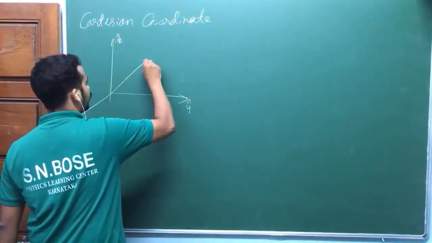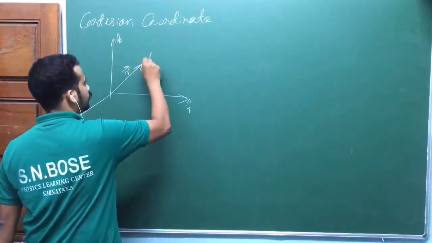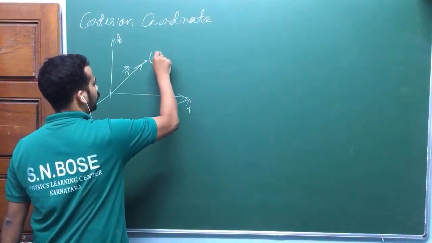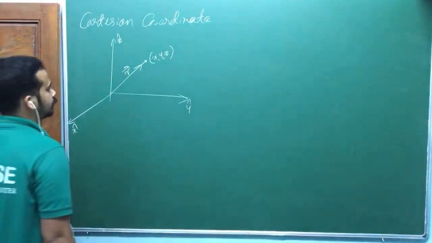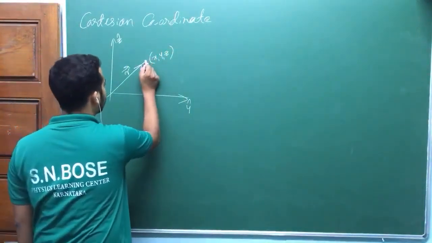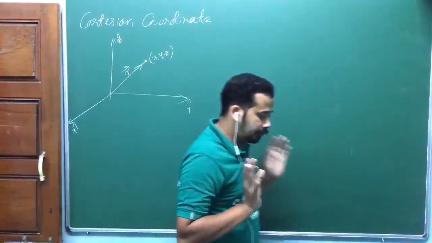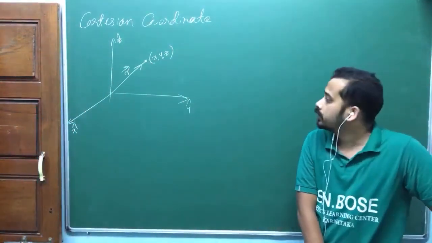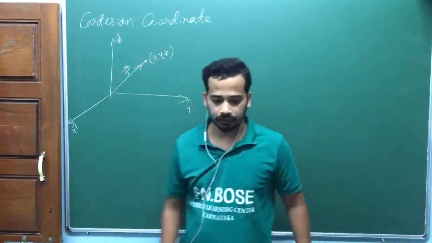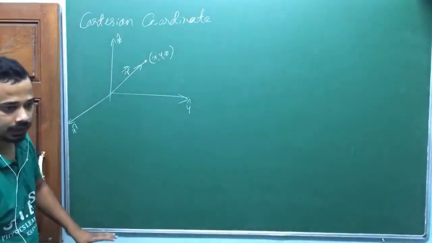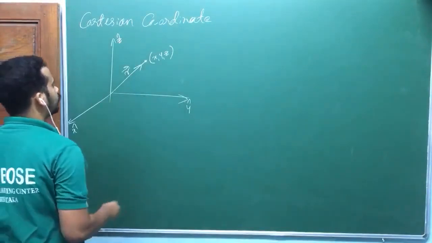If you have one position vector r, that position is written by x comma y comma z. At this position, if you want to define x cap, y cap, z cap, you have to define like this. The main important part of Cartesian coordinates is that this unit vector will not change. Whatever the spatial position you take, those unit vectors are fixed. You will see in the other two coordinate systems, they will vary with respect to different points.